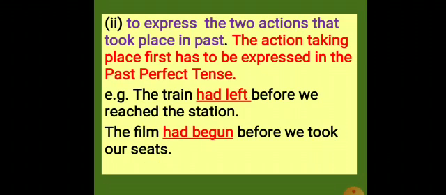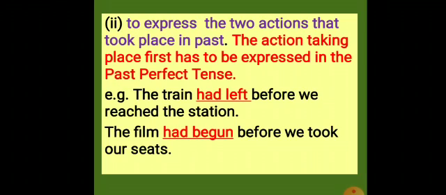Next, where do we use past perfect tense? To express the two actions that took place in past. Now, we are talking about two actions. Both the actions took place in past, and the first action which finishes is always represented in past perfect tense.